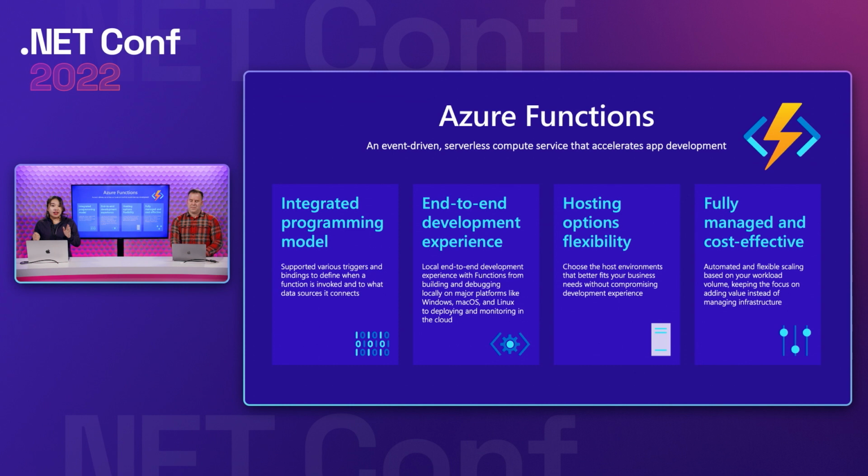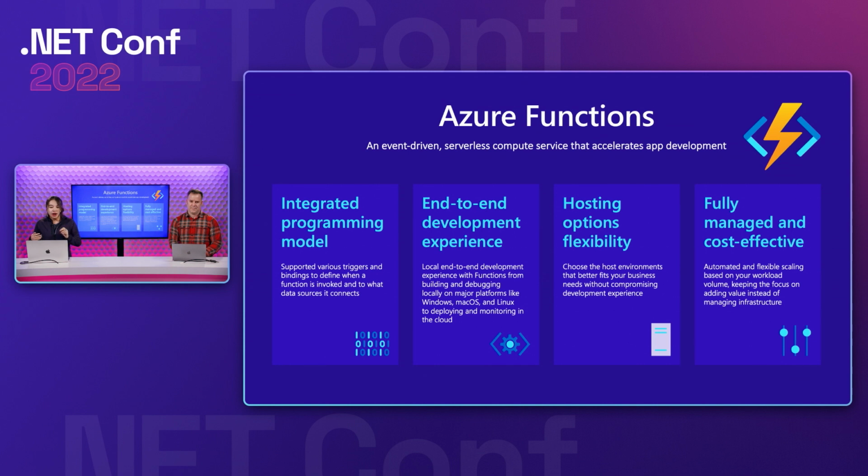One of them is the consumption plan. This is a pay-as-you-go model. You pay only for what you consume, and it scales with your requests. Because this is a serverless offering, the backend infrastructure is managed by Microsoft Azure, and you can save on cost.